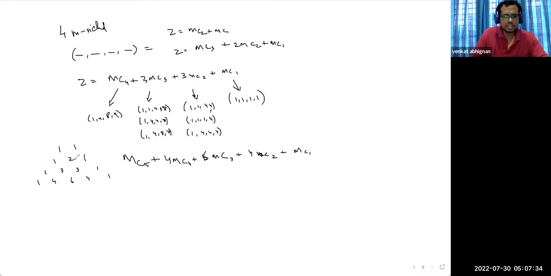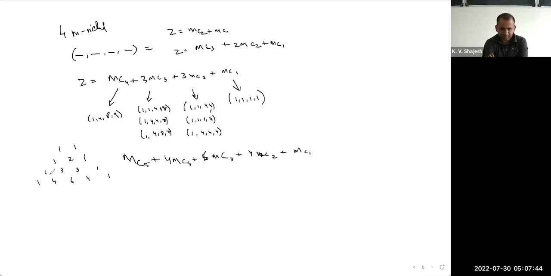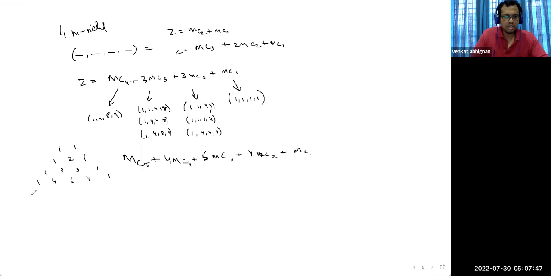This Pascal's triangle has a pattern where the sum of both of these will give you this, and the sum of these both will give you this, and you can keep on going like this. So I'll be able to write the next term as 1, 5, 10, 10, 5, 1. I can keep going. This is the Pascal's triangle that will keep going.